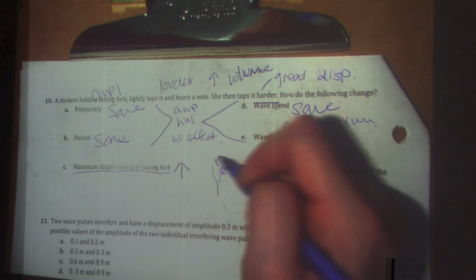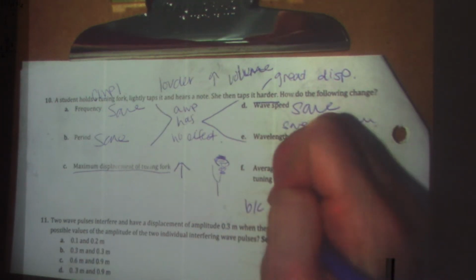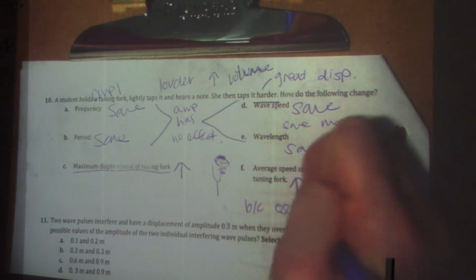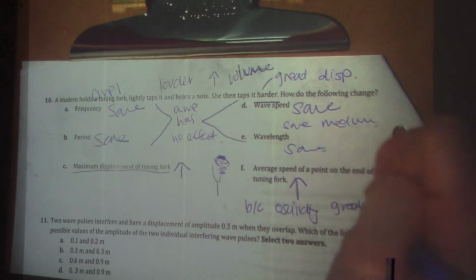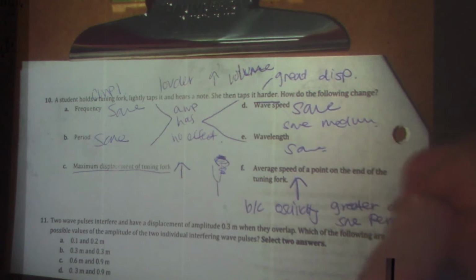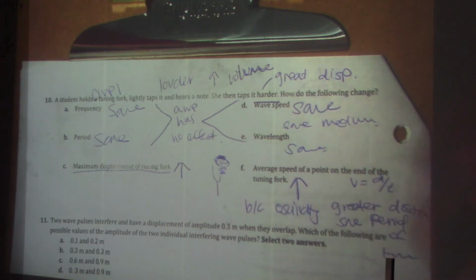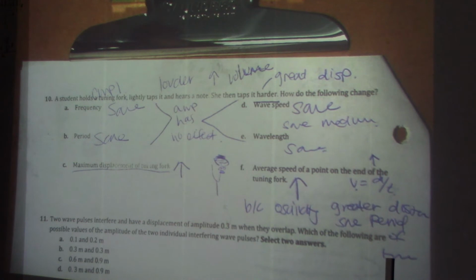It's going back and forth 2 millimeters, 288 times every second. Then you've increased the average speed because it's oscillating a greater distance in the same period of time. So if you look at v equals d over t, we've increased the distance and kept the same time, so that's going to give you a greater velocity.